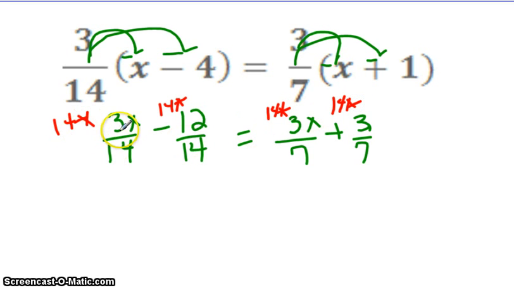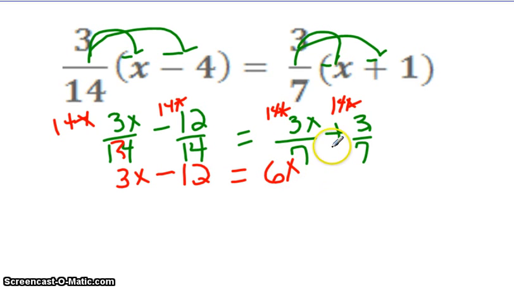And when I multiply 14 times 3/14, I get 3x. When I multiply 14 times 12 over 14, I get minus 12. Equals, when I multiply 14 times 3/7, I get 6, and I keep the variable. And when I multiply 14 times 3/7, I get 6.